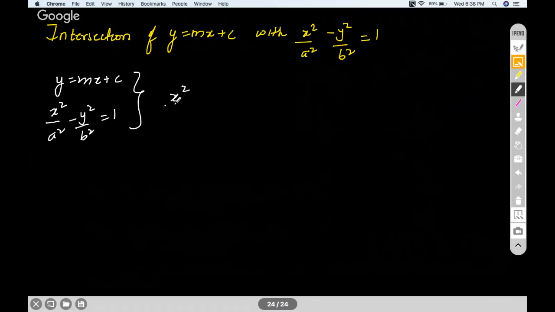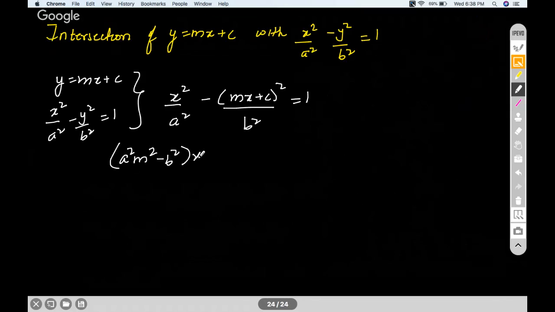So that gives you x square by a square minus (mx plus c) whole square by b square equal to 1. If you simplify this, you are going to get a quadratic equation in x like this.